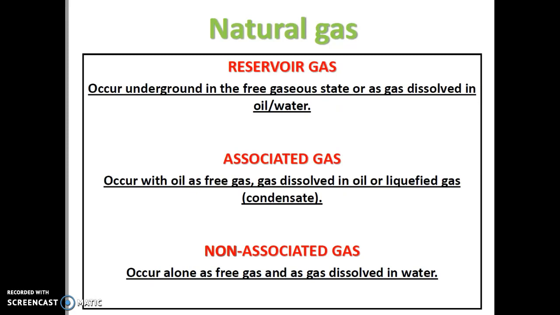Under reservoir gas, we have associated gas and non-associated gas. Associated gas is any gas that occurs with oil as free gas, gas dissolved in oil, or liquefied gas, meaning condensate. Normally this free gas can occupy pores and natural fractures. Next, we have non-associated gas, that is gas that occurs alone as free gas, and as gas dissolved in water.